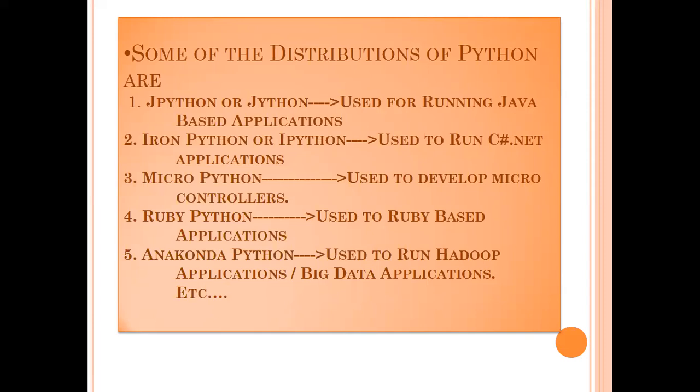It is used to develop microcontrollers. So these are the distributions of Python. RubyPython is used for running Ruby-based applications. Anaconda Python is used to run Hadoop applications. Hadoop means big data applications. So that is why the name Anaconda Python was given. Clear?